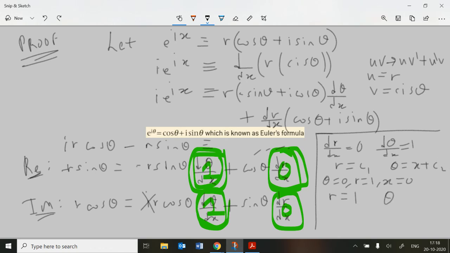So in other words, theta has to be equal to x. Essentially we've now proved this thing here, because we've said that x is equal to theta, that's coming from this, and we've said that r is equal to 1.